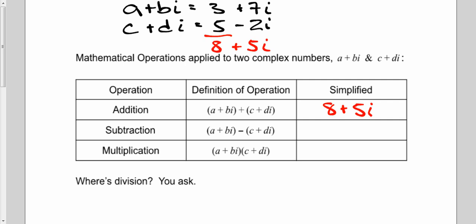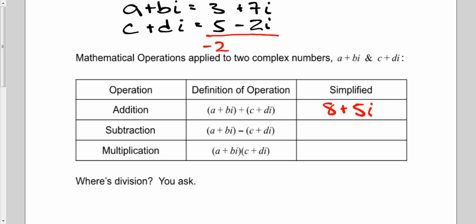How about subtracting? How would I subtract these two? Three minus 5 would give me -2. 7 minus a -2.